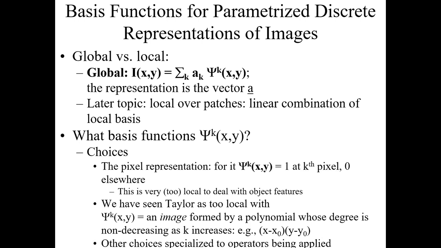We will be interested in 2 kinds of approximations. Global, where you have the same set of basis images for whatever xy you're using. We've seen that that's not a particularly good thing when the Taylor series polynomials are the basis images.